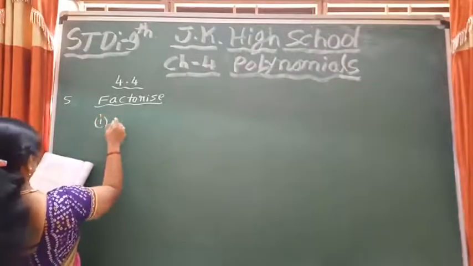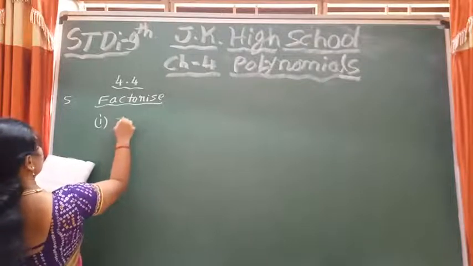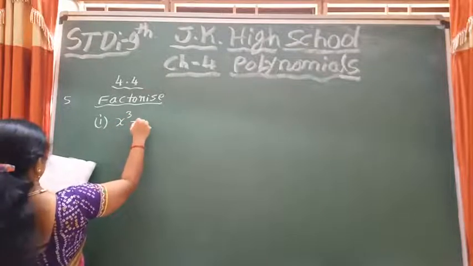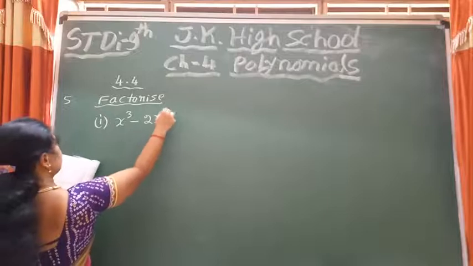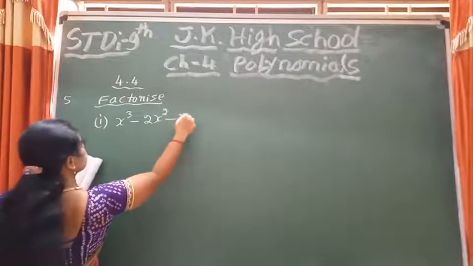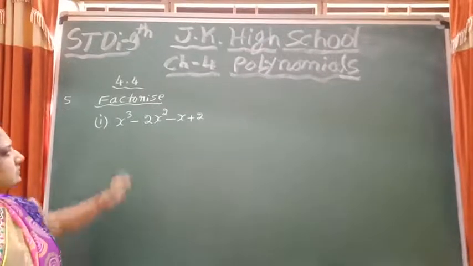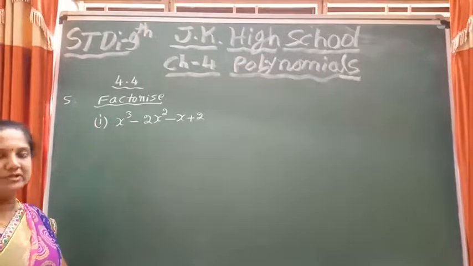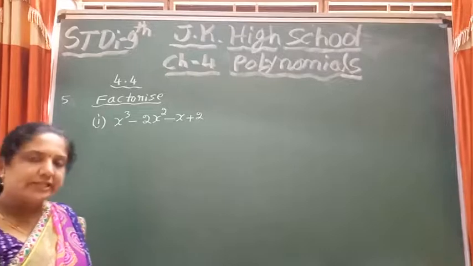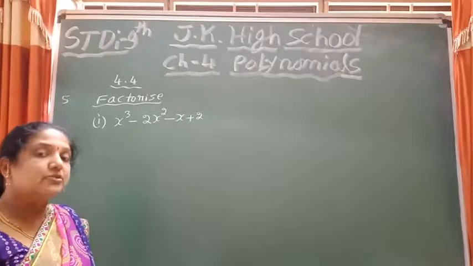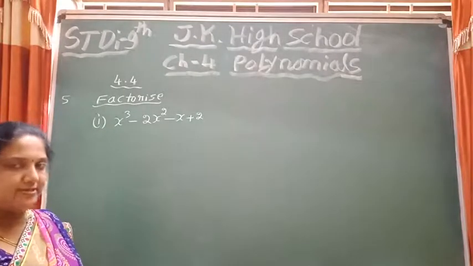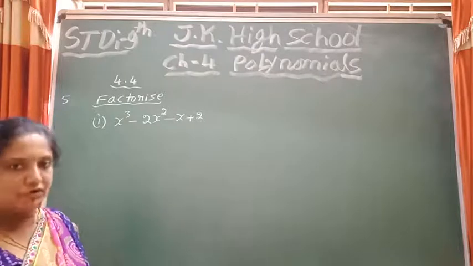See the first one: x cube minus 2x square minus x plus 2. You observe this polynomial, it is a cubic polynomial. When they give you a cubic polynomial to factorize, you have to follow this method.